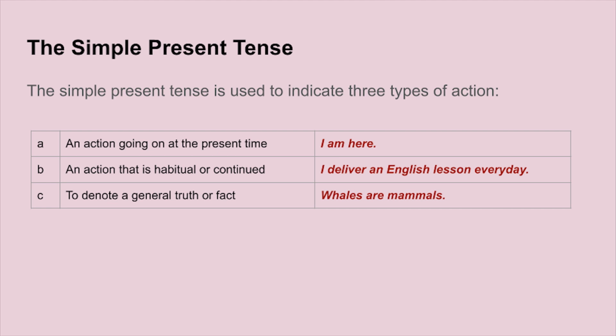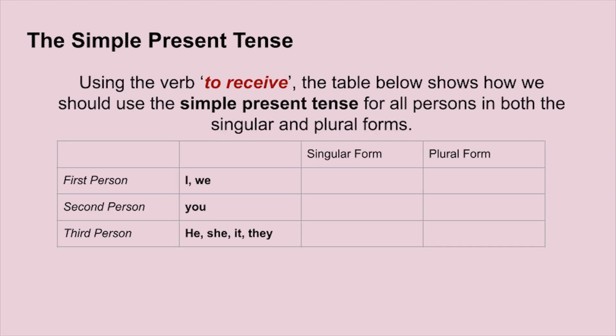That is a fact. Using the verb to receive, the table below shows how we should use the simple present tense for all persons in both the singular and plural forms. Let's look at the table. Using the first person singular form, we say, I receive. The first person plural form is we receive.